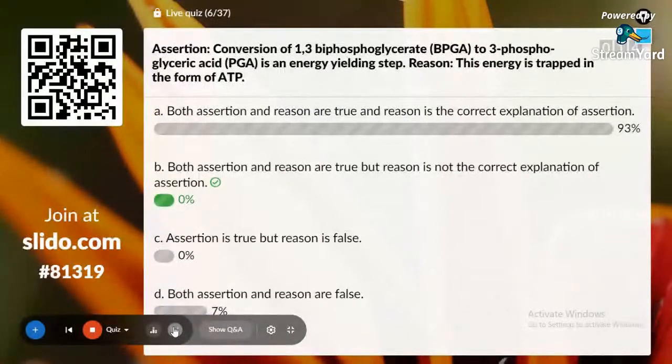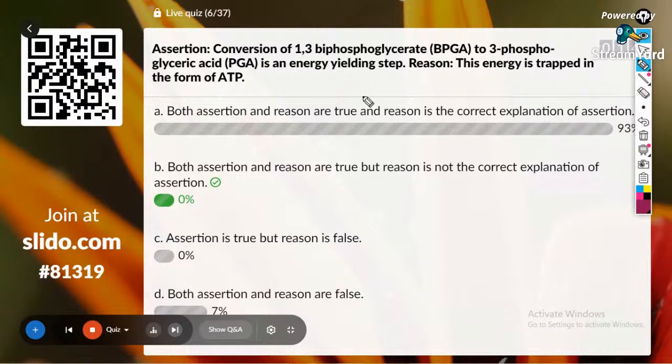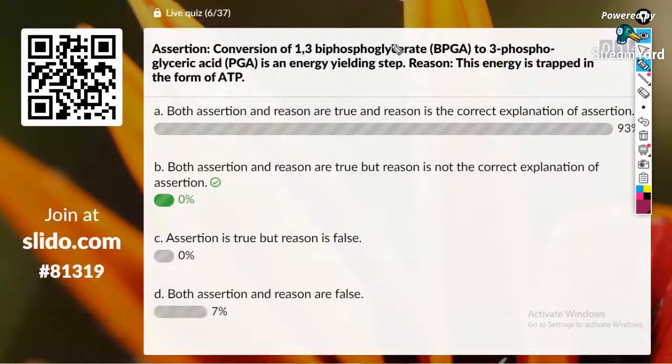93% went with option A. The correct answer is option B: both assertion and reason are true, but reason is not the correct explanation for assertion. Guys, read the question. Conversion of BPGA, 1,3-bisphosphoglycerate, into 3-phosphoglyceric acid, PGA, is an energy yielding step.